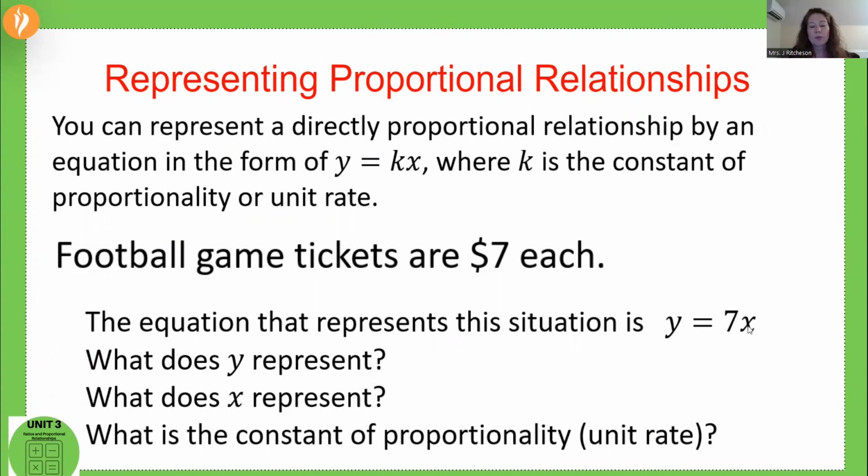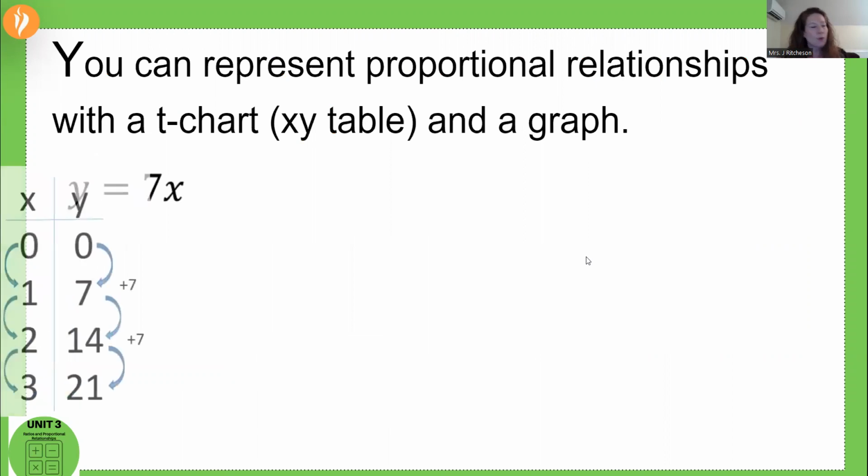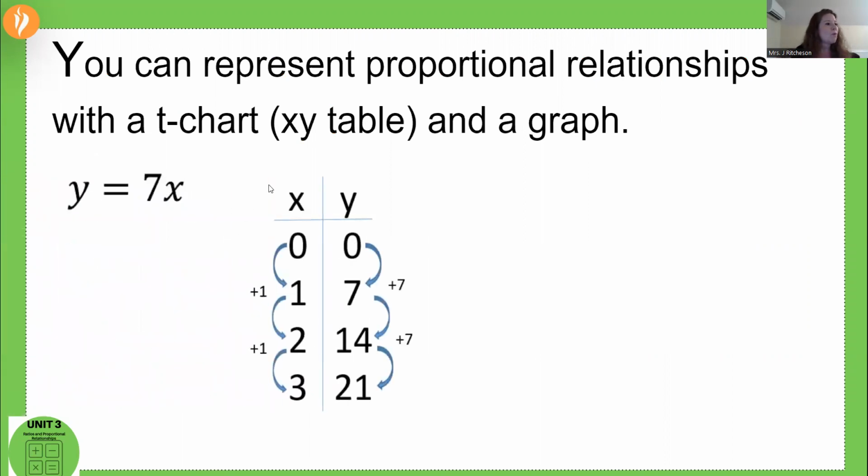You know, everybody can order a different number of tickets. And it asks, what is the constant of proportionality or the unit rate? And it is 7, because tickets cost $7 each. You can represent this information on a T-chart or an XY chart or a table, however you want to say it. So if y is equal to 7 times x, if I bought 0 tickets, 7 times 0, I would spend 0 money.